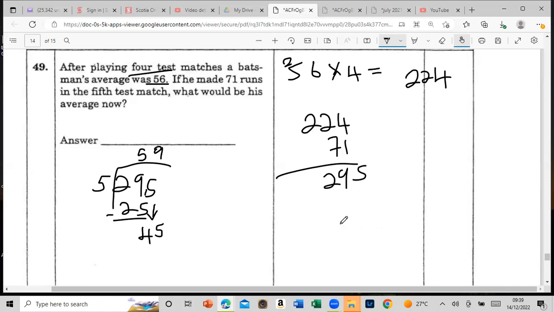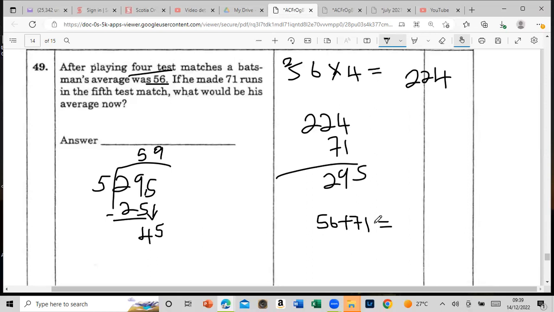Alright, let us add 56 plus 71 and divide by 2. 6 and 1 is 7.